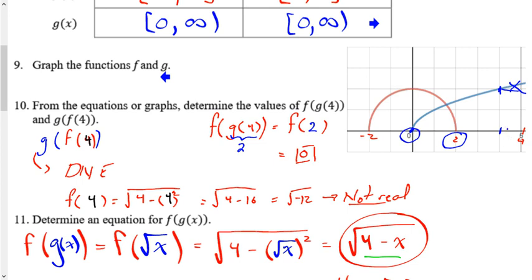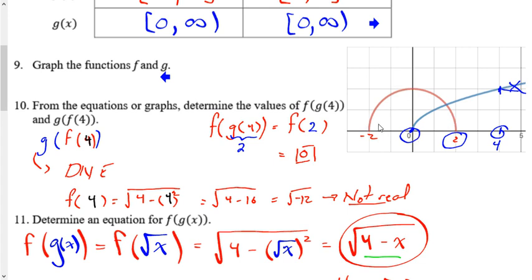That other one just got moved over with the graph. So we'll erase this one. Okay, so we can see between 0 and 4, my g of x function gives me y values that are acceptable input into this f of x function.